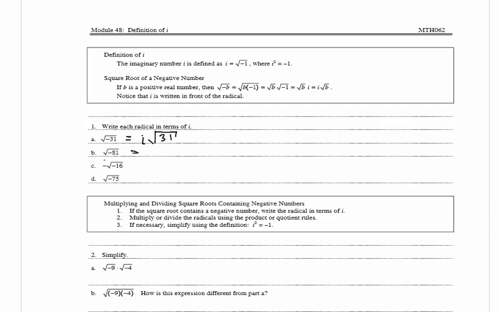In B, we have the square root of negative 81, and I can write that as i times the square root of 81, and the square root of 81 is equal to 9. So this is equal to 9i. In C, we have negative the square root of negative 16.